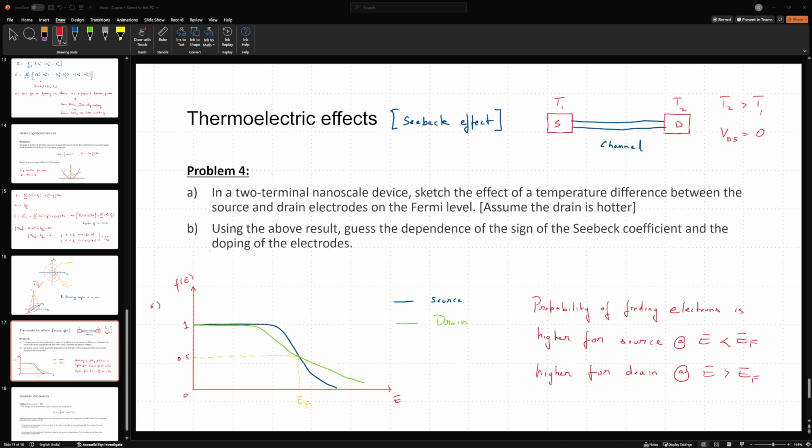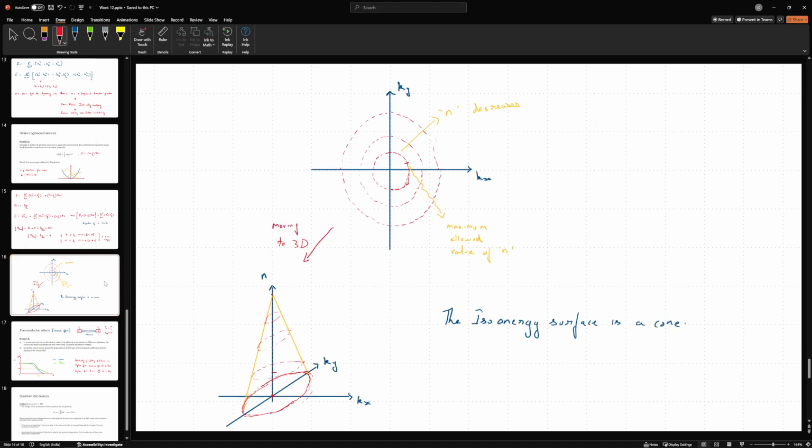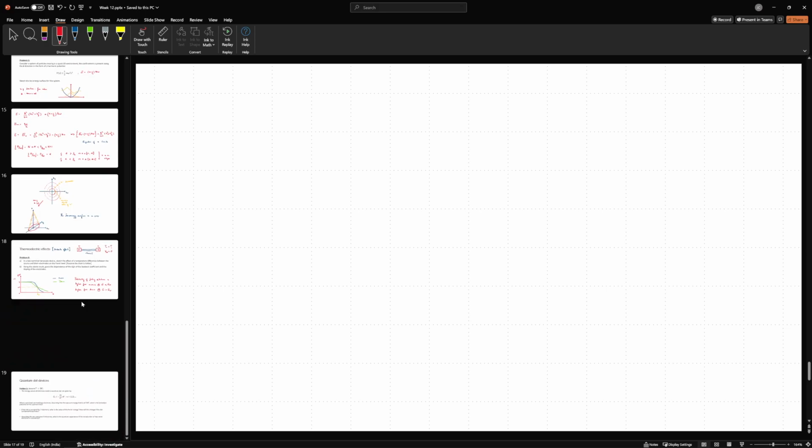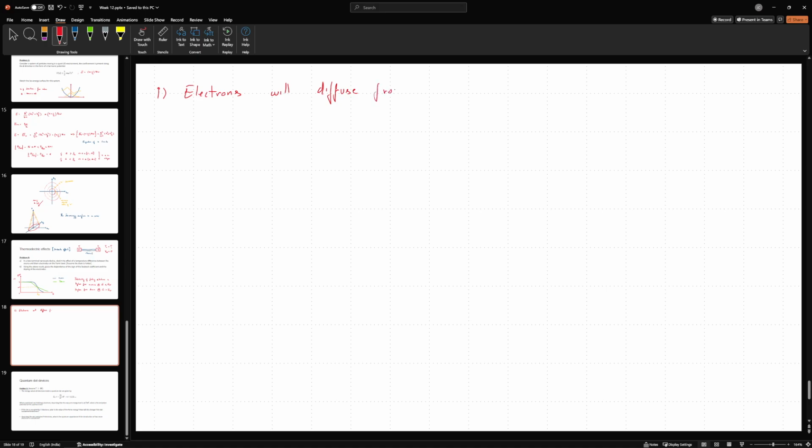So the idea is, let me just pop out a new slide. So the implication is electrons, just consider diffusion, will diffuse from S to D. Oh, sorry.